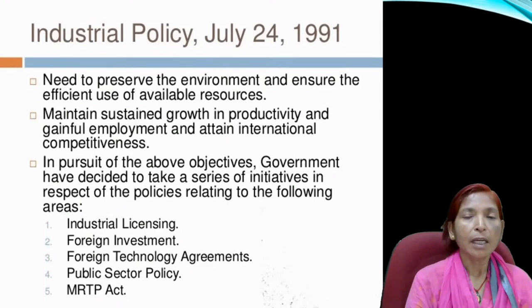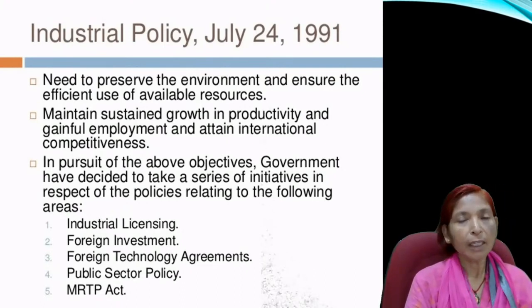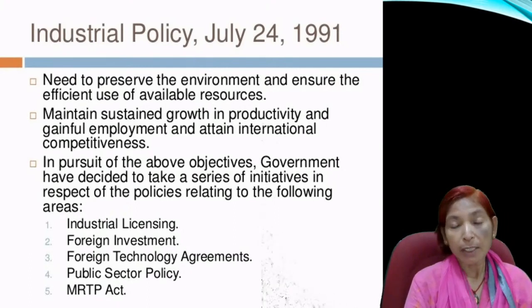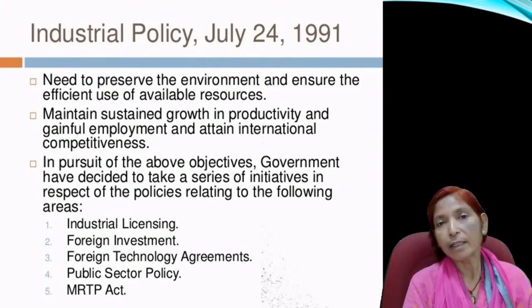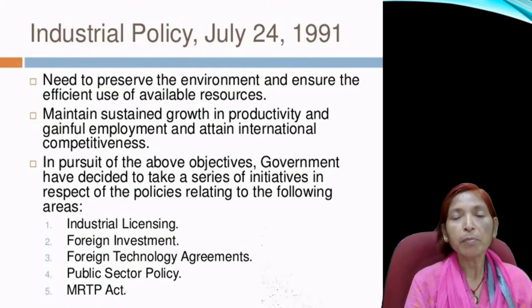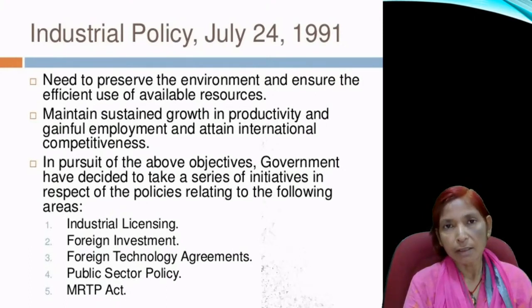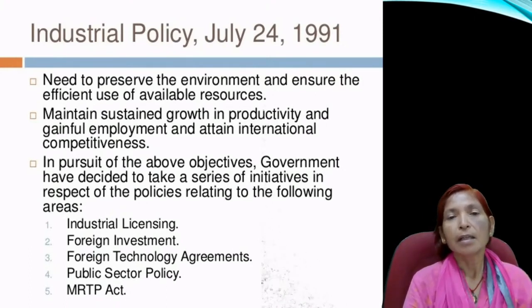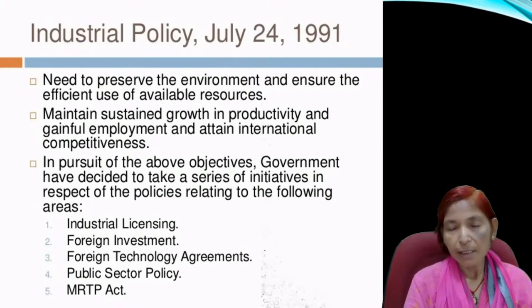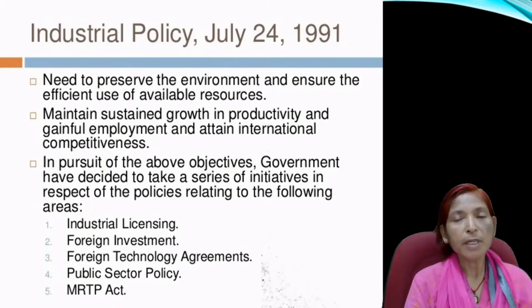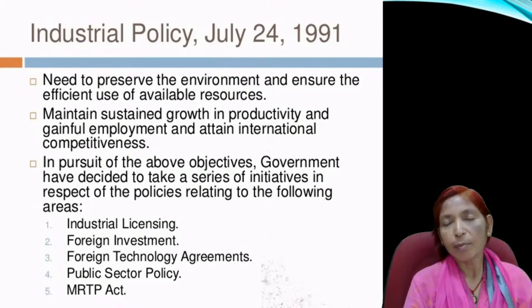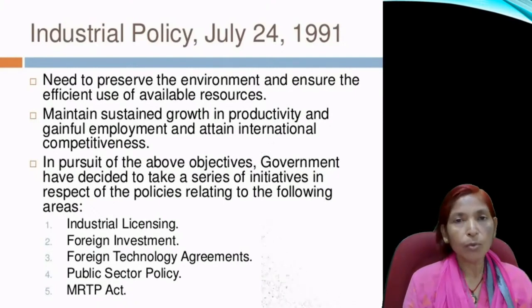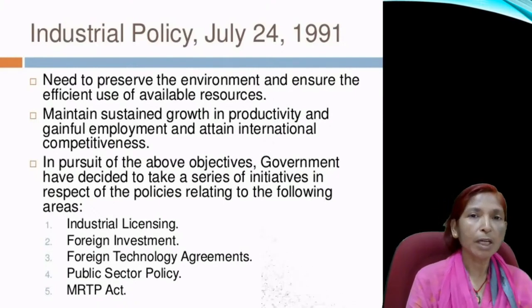Foreign investment. In previous policies, 40% foreign direct investment was permitted. But in this industrial policy of 1991, 51% FDI is permitted. For some industries, this limit is 74%, and for the rest, 100% FDI is permitted through the automatic route without taking any permission from the government.